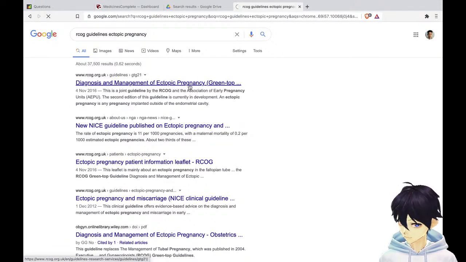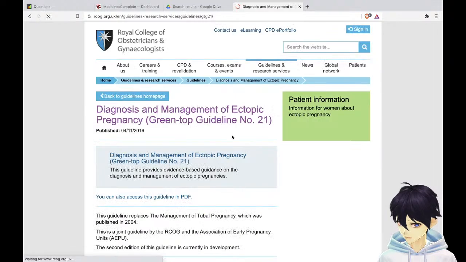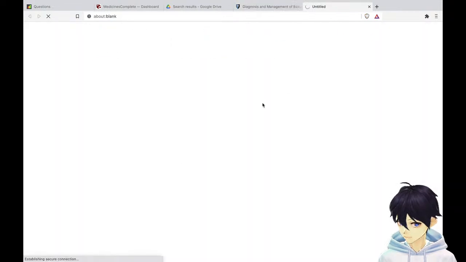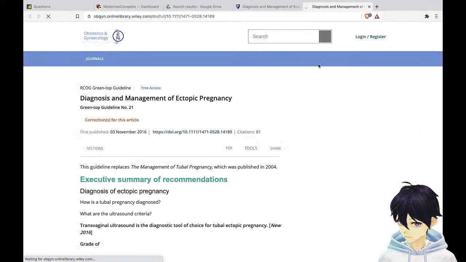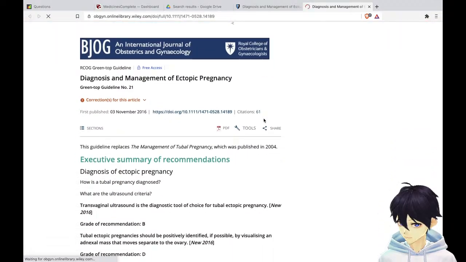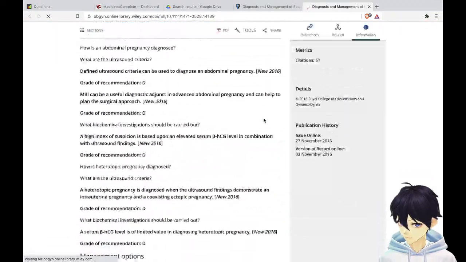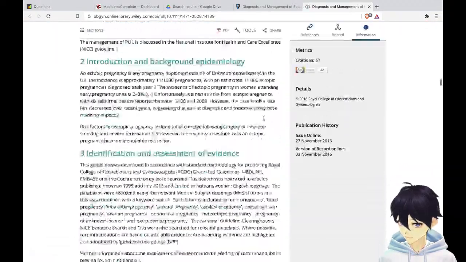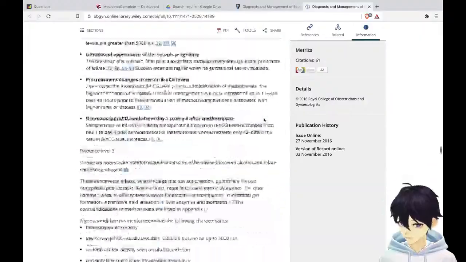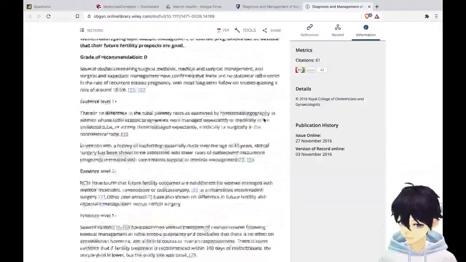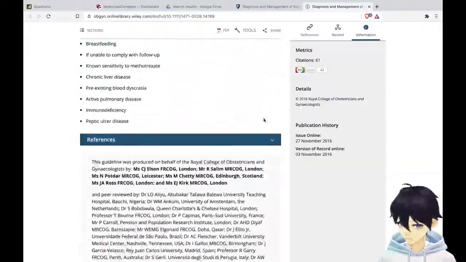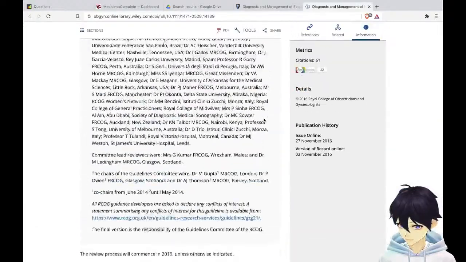RCOG. Green top guidelines. Looking for an appendix. That would be very convenient. Too many words here.